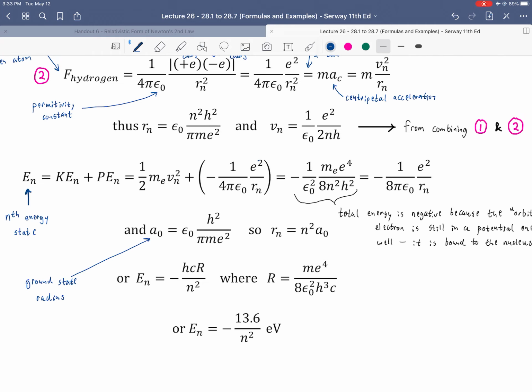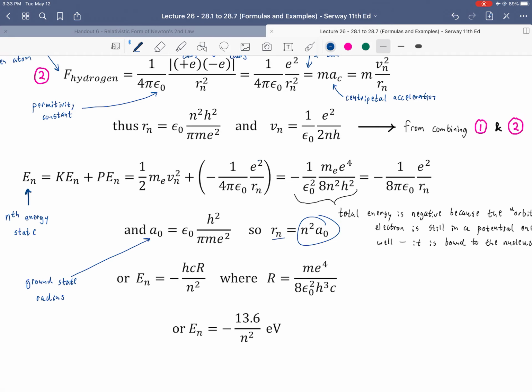And the nice thing about expressing the ground state radius, sometimes called the Bohr radius, is that then we can express all subsequent radii as just the principal quantum number squared times the ground state radius. So when n equals 2, the second state, which would be the first excited state, has a radius that is how many times bigger than the ground state radius?